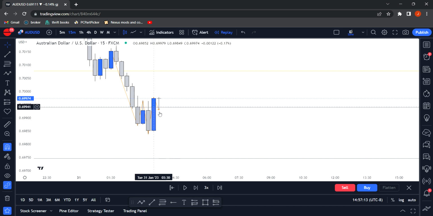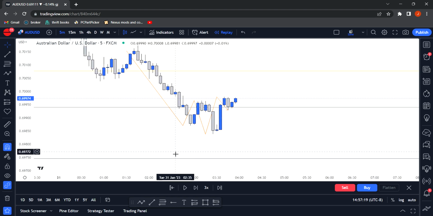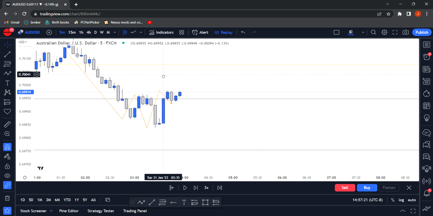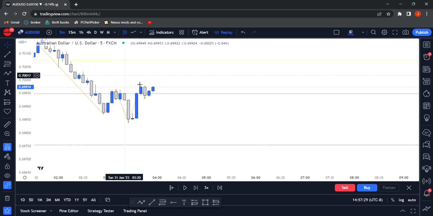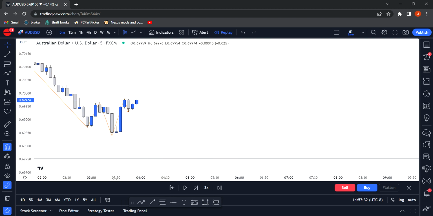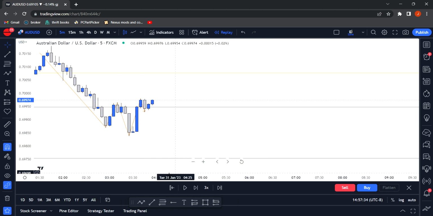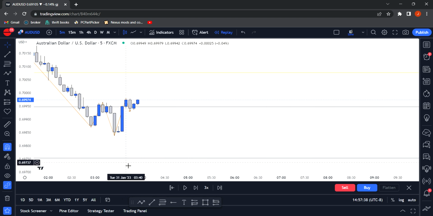But I entered off of this first breaker structure, so drop to the 5 minutes so you can see it more clearly. It's the low, lower high, lower low, and then this is the breaker structure to create a new high. So once it broke, now the same thing, I'll look for price to retest my demand level on my lower time frame.